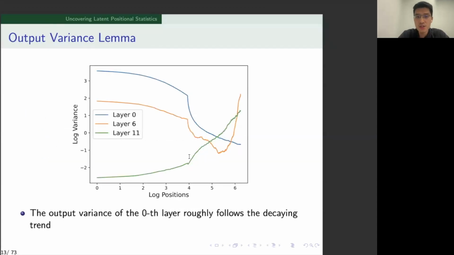So for visualization across different layers, I plot the variance of all the hidden vectors at layers 0, 6, and 11. As we can see for this blue curve, the variance indeed decreases as we increase the position, or when the sequence becomes longer. So this partially verifies the variance decaying lemma.